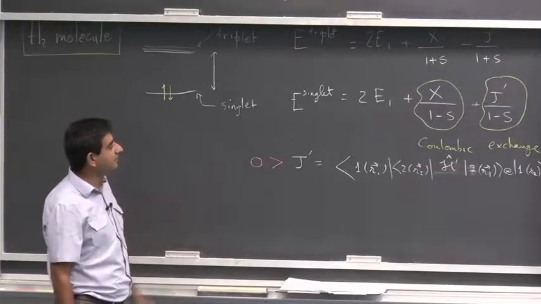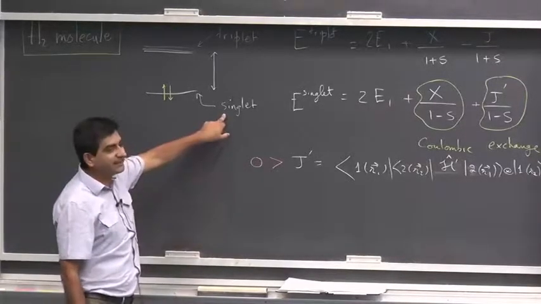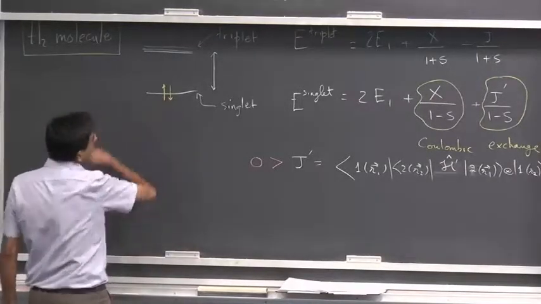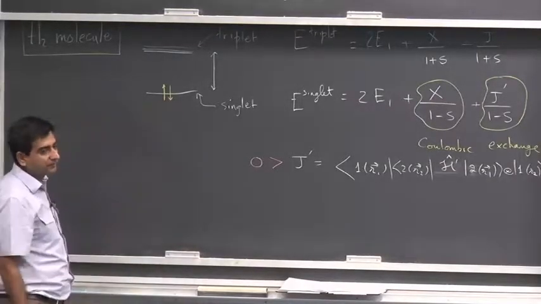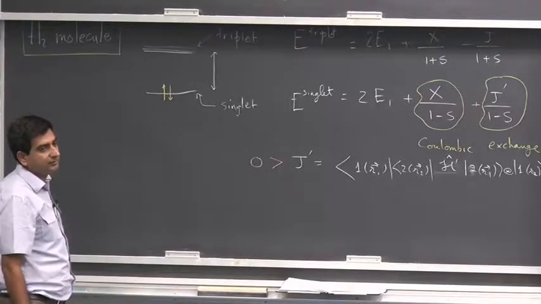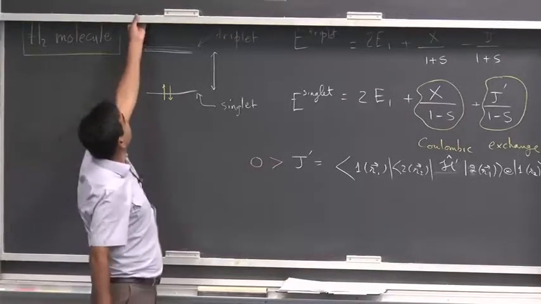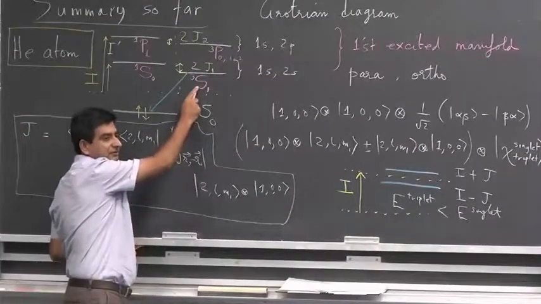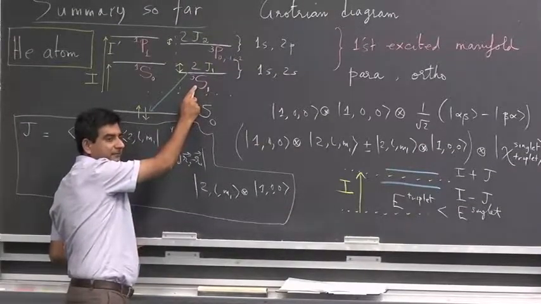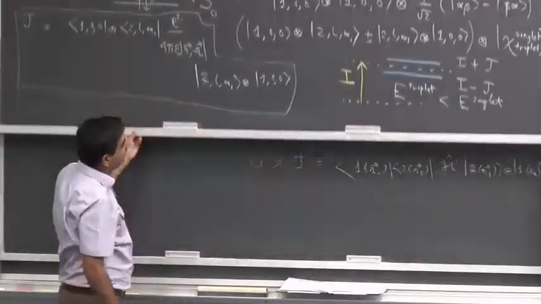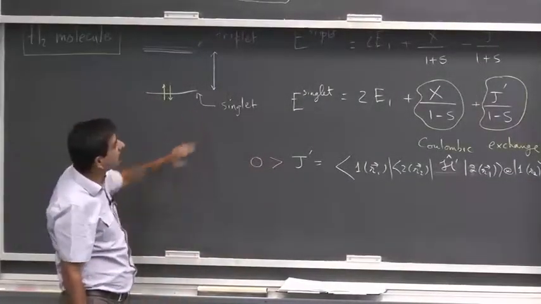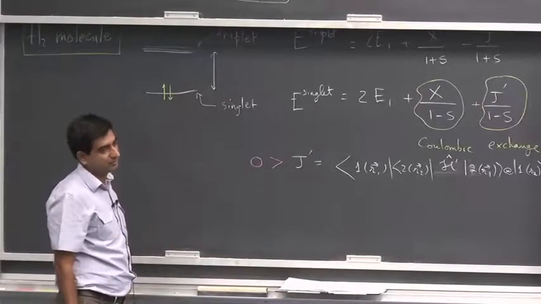When this term turns out to be negative, the singlet is lower in energy. So antiferromagnetic alignment is preferred. Here, the triplets are lower in energy, J is positive. Here, this J is negative, and the singlets are lower in energy.